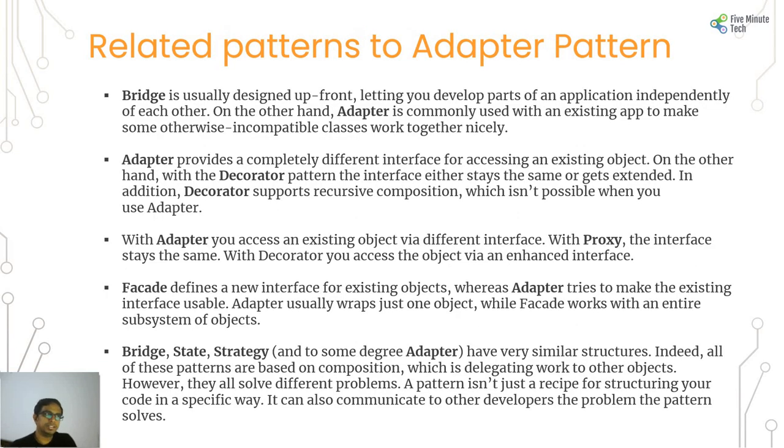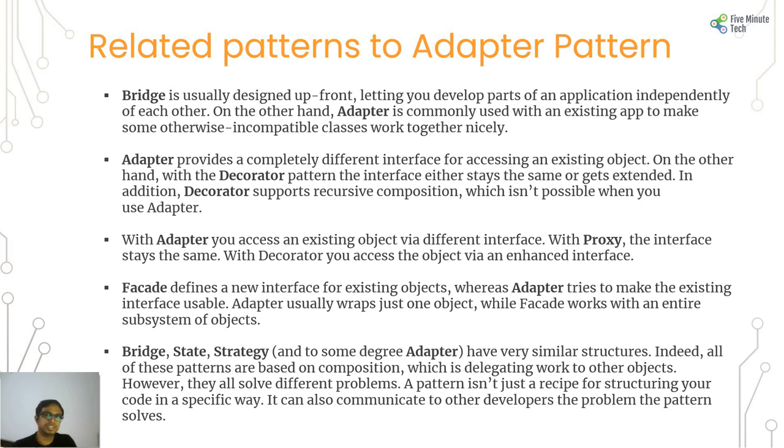The related pattern to the adapter pattern is bridge. Bridge is usually designed upfront, letting you develop parts of an application independently of each other, whereas adapter is commonly used with an existing application when you want to make some functionality work with a third party app. Adapter provides a completely different interface for accessing an existing object. On the other hand, with the decorator pattern, the interface either stays the same or gets extended.